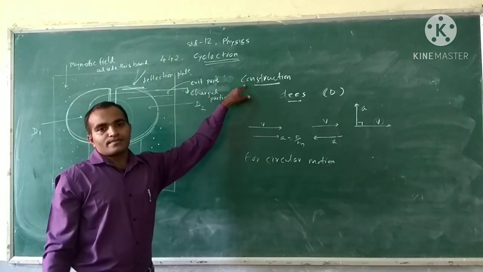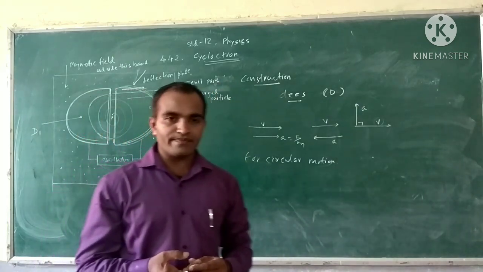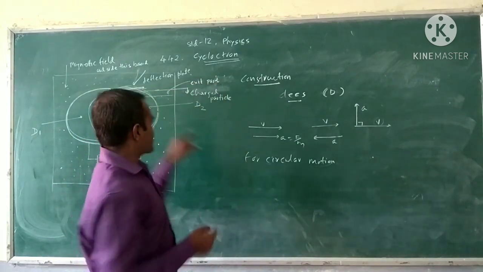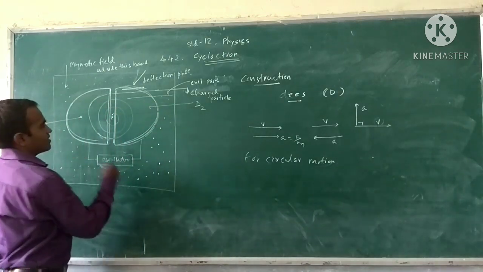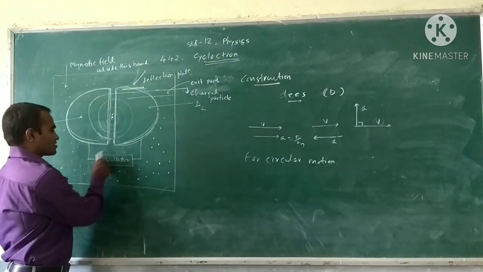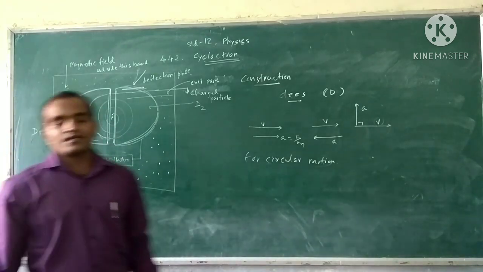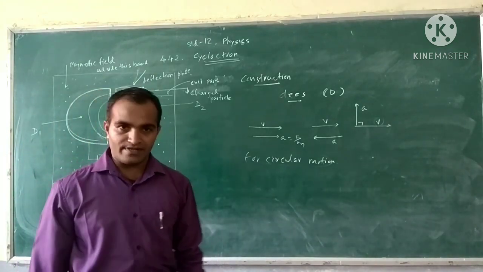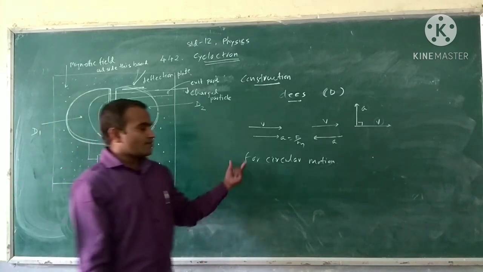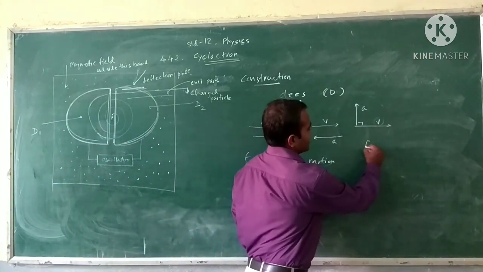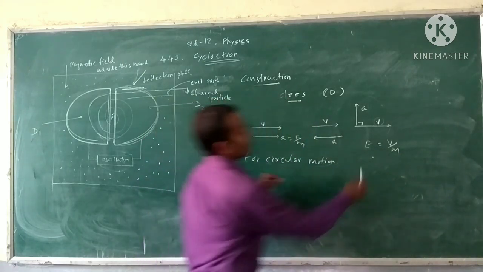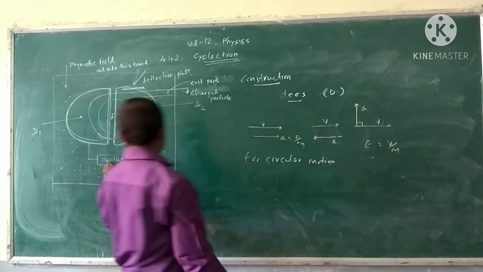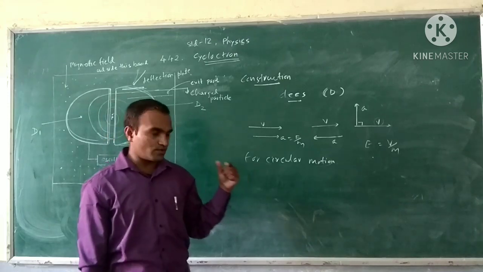In the cyclotron, we are using two fields, magnetic field and electric field. The magnetic field is coming out from this board, applied externally, and through the oscillator we are applying the electric field externally, because electric field has unit volt per meter. So the oscillator behaves like an AC source.